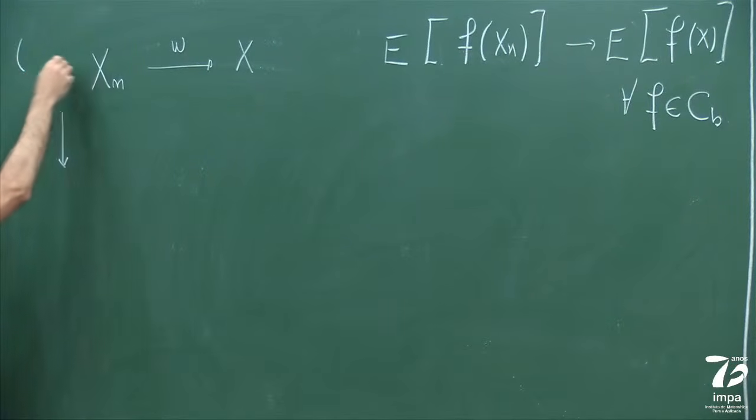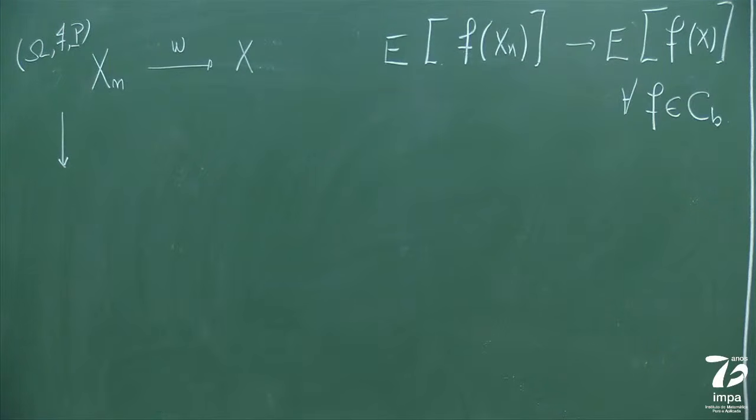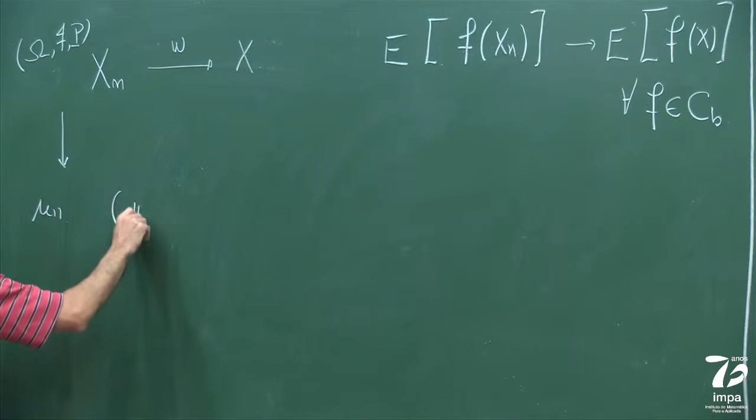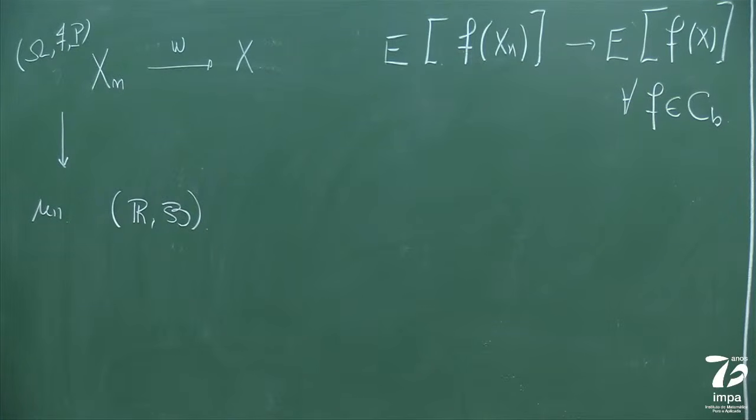So let's say that xn is defined in some space (Omega, F, P). And what you did is to project this variable on R. So you consider a measure mu n, which is the measure on the space R with the Borel sigma algebra induced by xn and this probability P. Right?